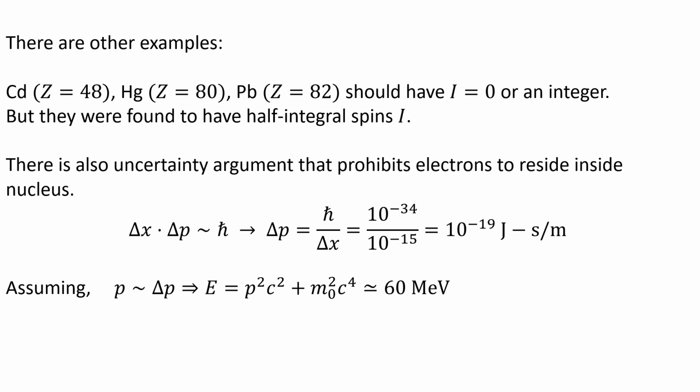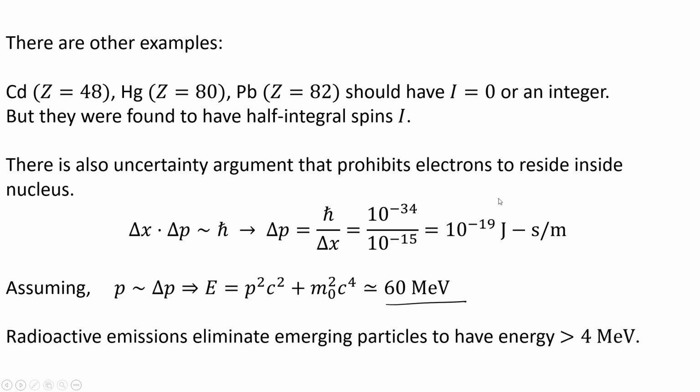We are treating the electron as moving with a speed closer to the speed of light, and then one actually gets about 60 MeV. And the radioactive emissions, the particles coming out of the nucleus, are not found to have any energy greater than 4 MeV.